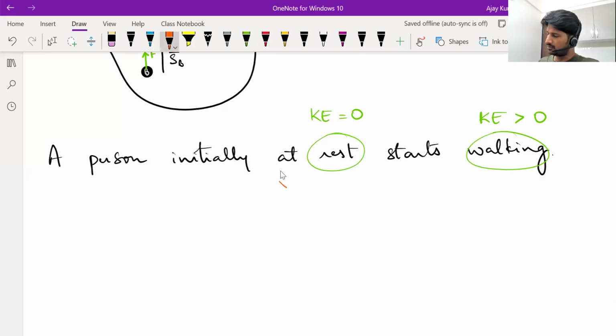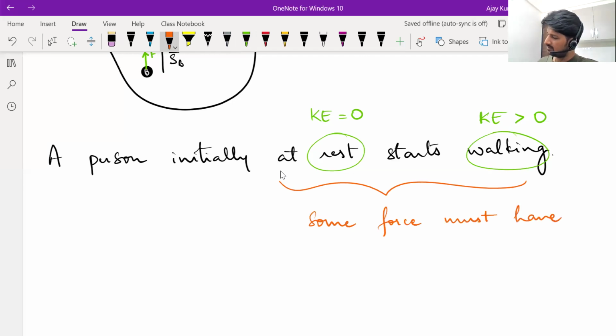So we can conclude that some force must have done work, that too positive work. Kinetic energy is increasing, change is positive. So must have done positive work on the system. System is nothing but the person here.